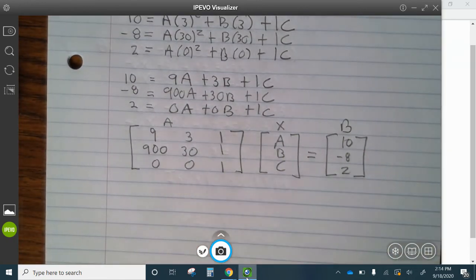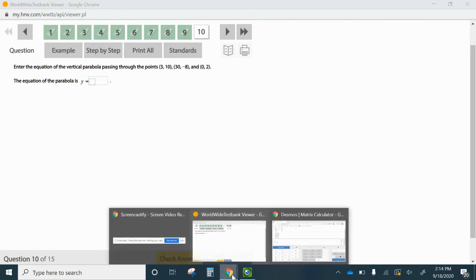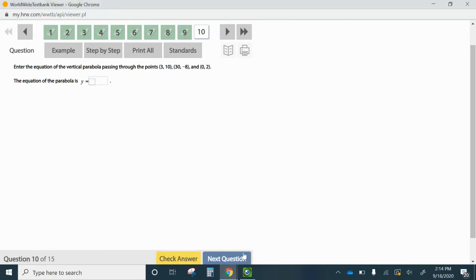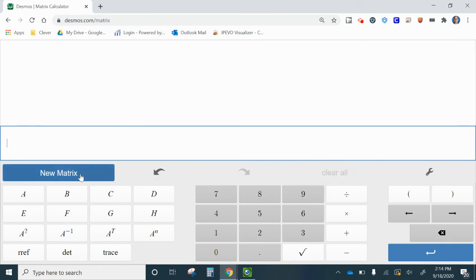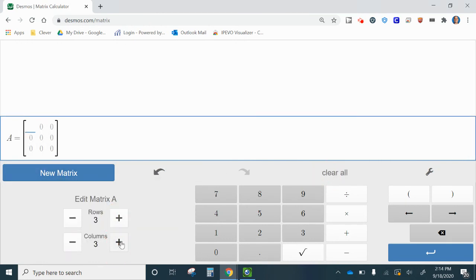And then new matrix, and now it's 3 by 1. We know that's 10, negative 8, 2. So we know A inverse times B, which is a very fascinating number, negative 0.11 repeating.